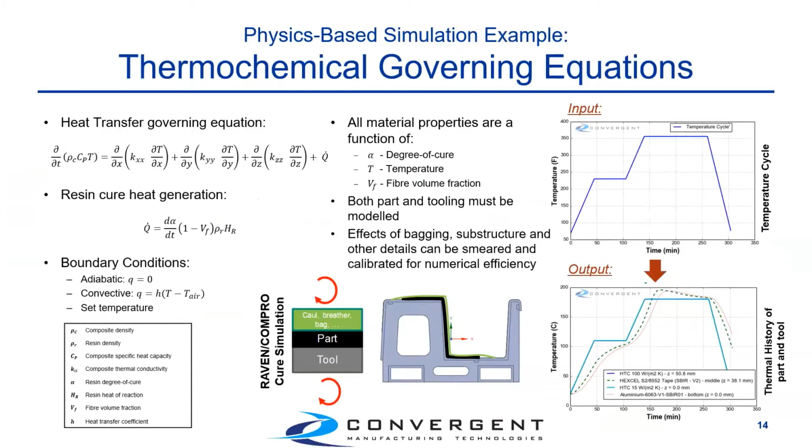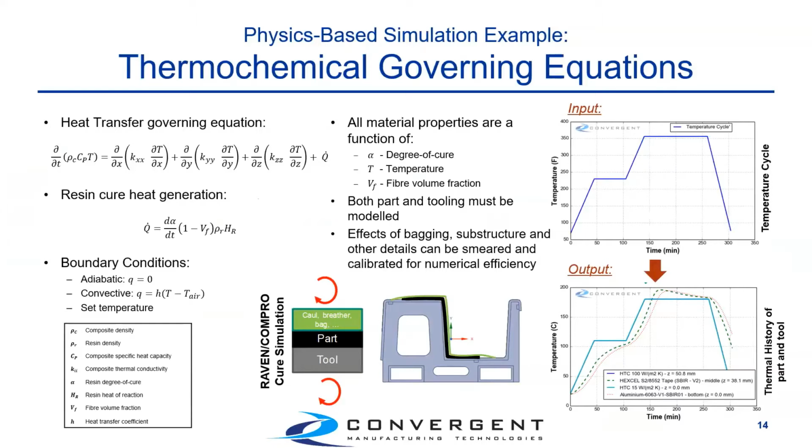The first step is to understand the governing equations. What's the mathematical representation of the physics that's happening? For example, in the thermal problem, you have the heat transfer, so you have to have a good understanding of the heat transfer problem and its governing equations and the parameters that are required. Then there's heat that's being generated in the material, so that's a very important aspect of the thermochemical problem.